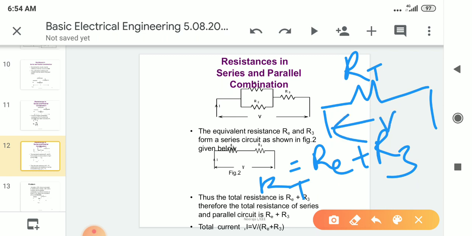So instead of taking three different resistances, we have replaced them with one single resistance. Its value RT is RE plus R3, where RE is R1 into R2 by R1 plus R2.